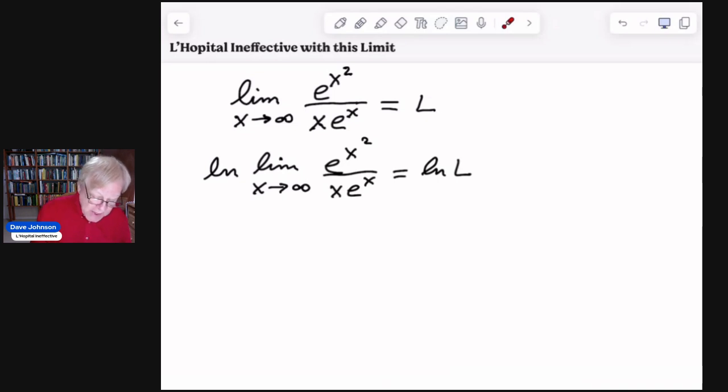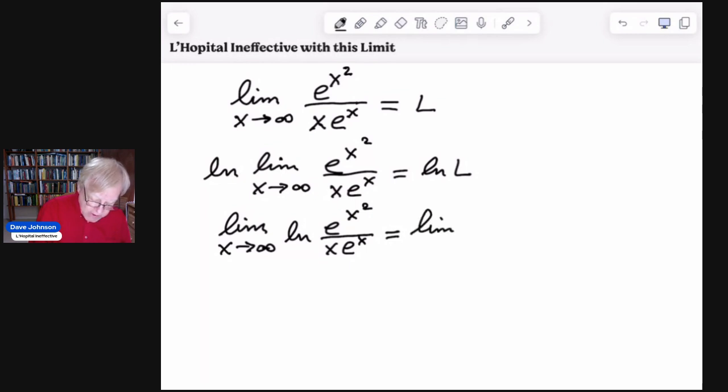But in this case, I can move the ln inside the limit. So let's do that. We get the limit as x goes to infinity of ln of e to the x squared divided by x e to the x. And now this is all going to be equal to the natural logarithm of L.